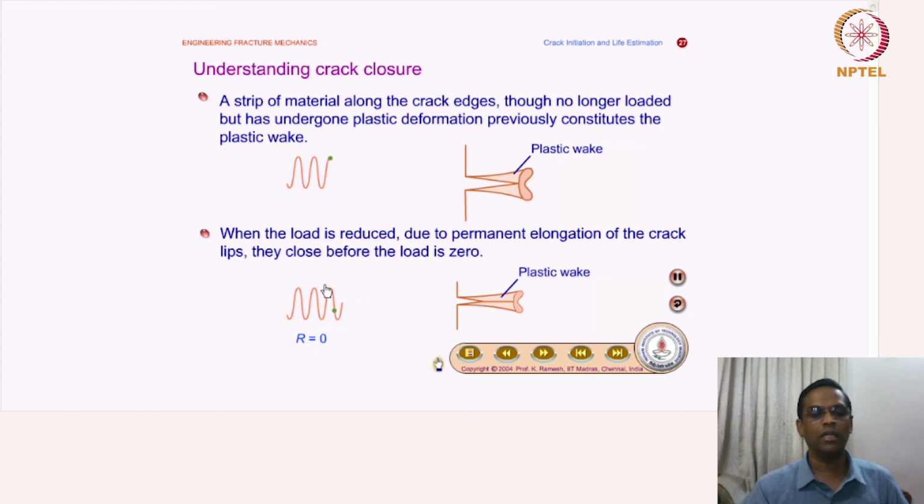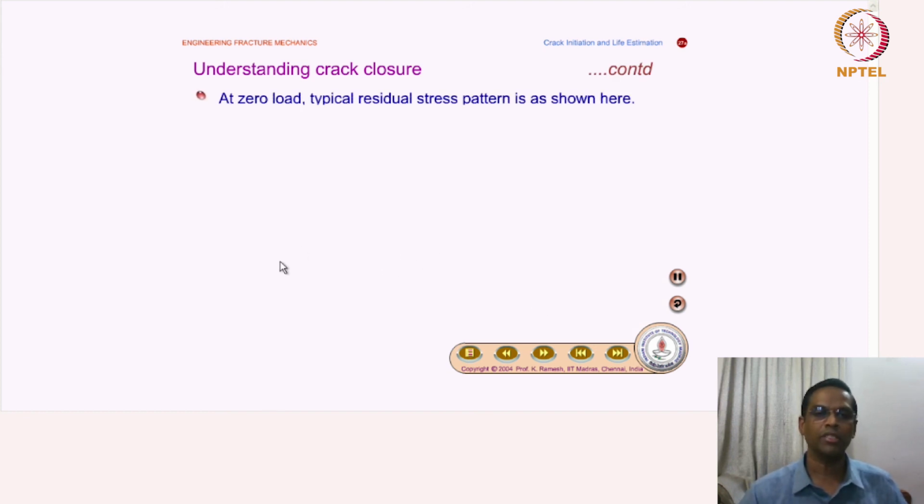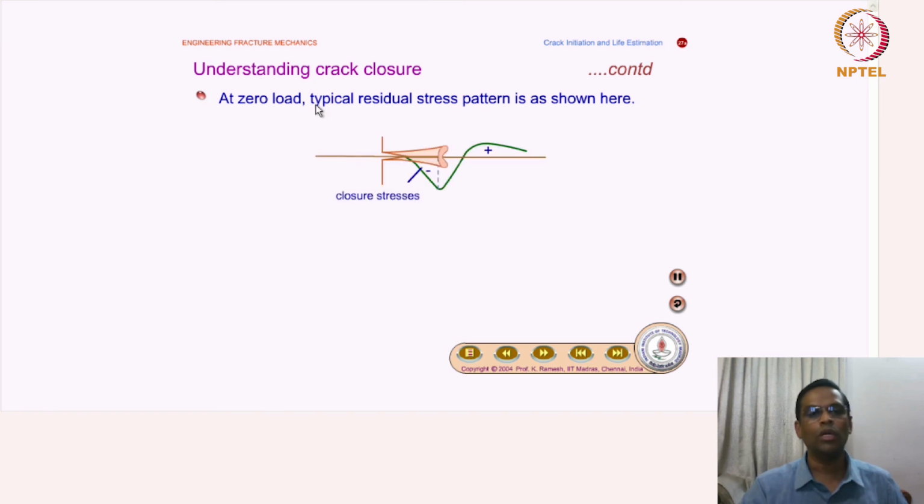You can see that the load has not yet reached zero, but even before it's zero, you can look at this green mark here. The crack is closed because of the plastic wake. So this is one way of understanding how plasticity induced crack closure happens. At zero load, the typical residual stress pattern is shown here.